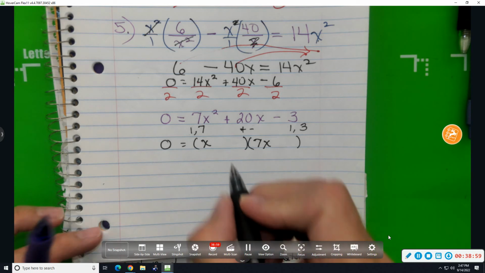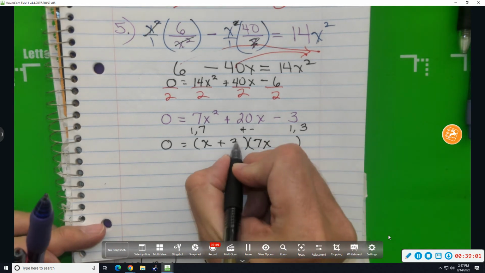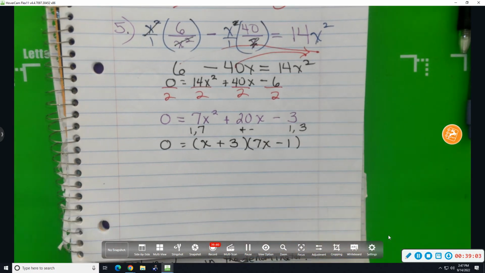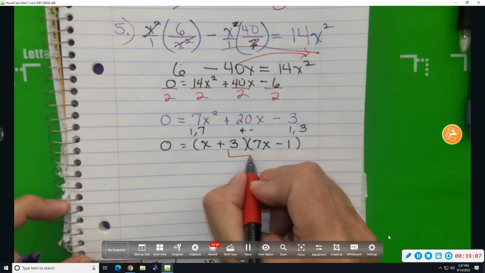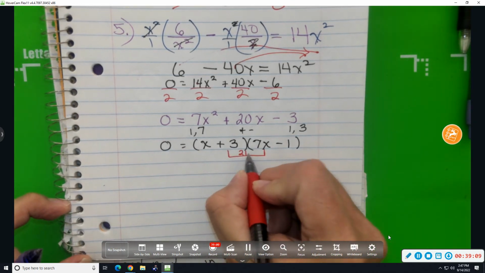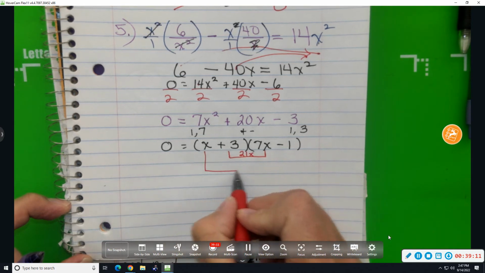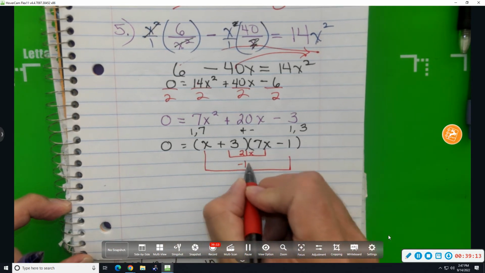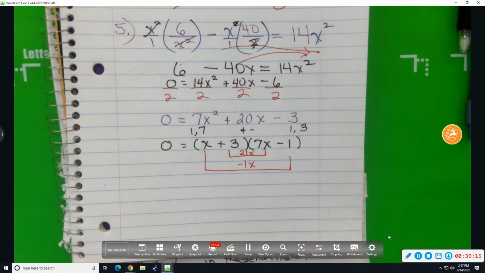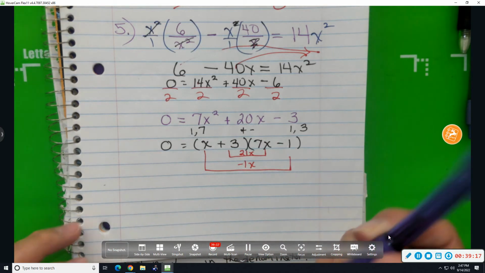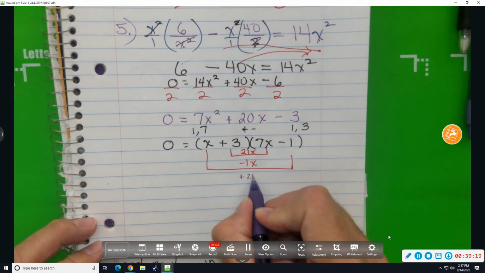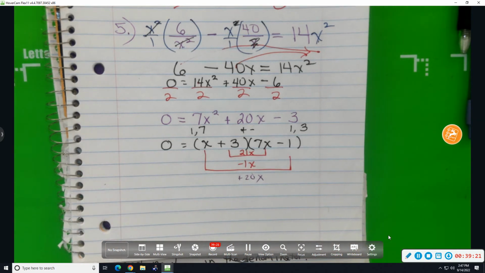X plus 3, I think I agree with that. Show the outer. We'd have a 21x and a minus 1x. That is certainly giving me that positive 20x. 21 minus 1. So we've factored it.